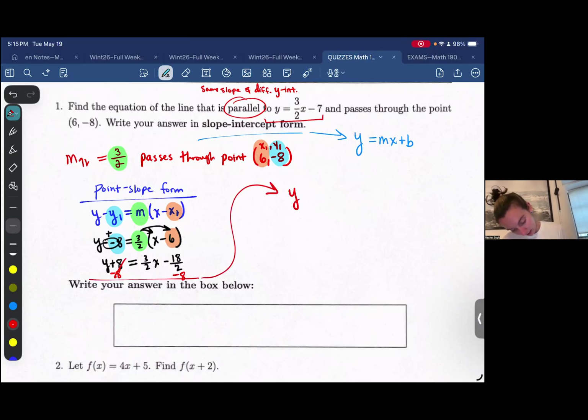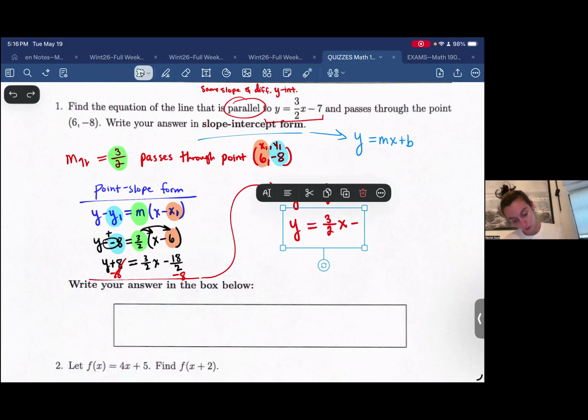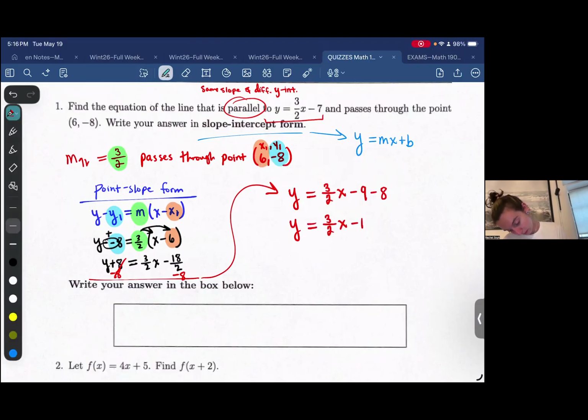And we get y is equal to 3/2x minus 18/2, which is just -9, minus 8, which ends up just being -17. So our final answer is y is equal to 3/2x minus 17. And we're done.